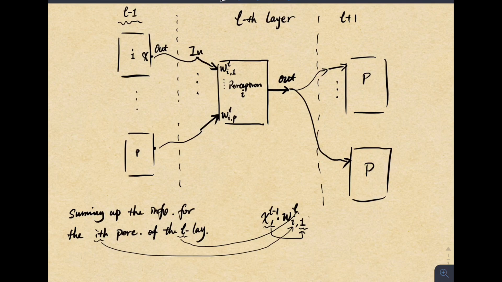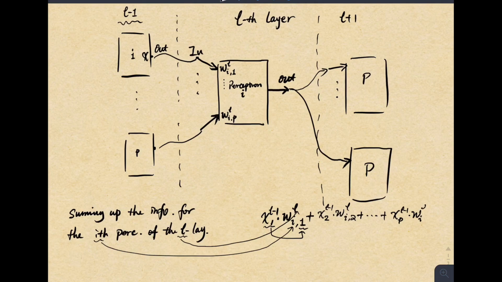then we do the summation. Similarly, the second neuron of the previous layer, W of this layer, ith neuron connect to the second output of the previous layer. Do this all the way until we reach the pth and the last neuron of the previous layer.